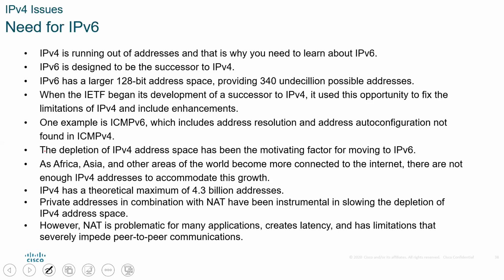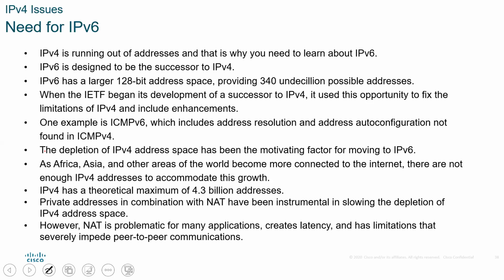And that is why you need to learn about IP version 6. When we say IP version 4 is running out of address space, we are saying that it is finishing. We have observed that this is not enough. There are too many devices that require public IPs, and the public IPs are not sufficient. And that's why you're going for IP version 6.